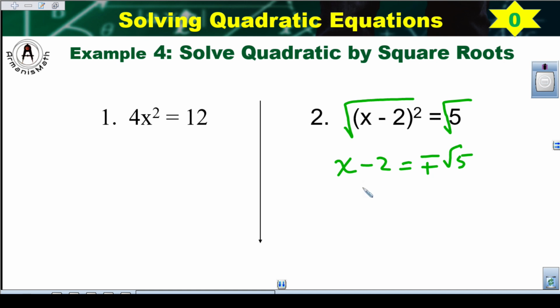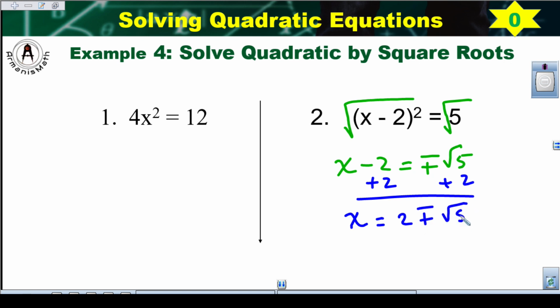Then you're going to add the 2 to both sides. Usually you start with the number and then the radical. So x is going to be 2 plus and minus the square root of 5.